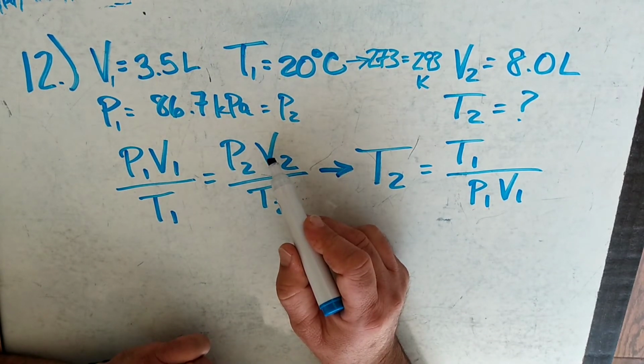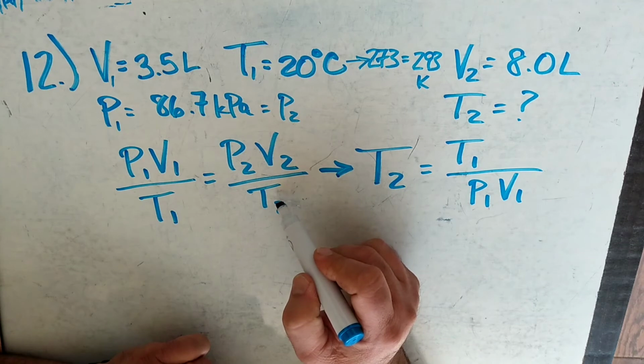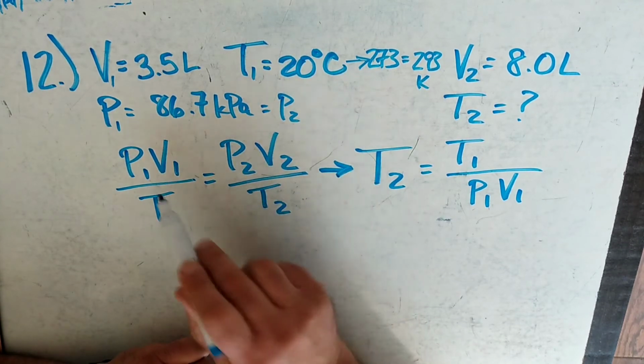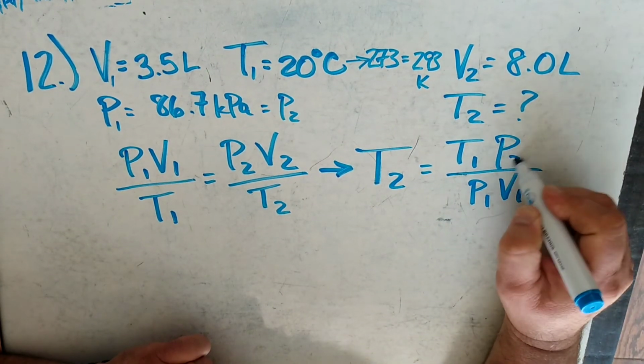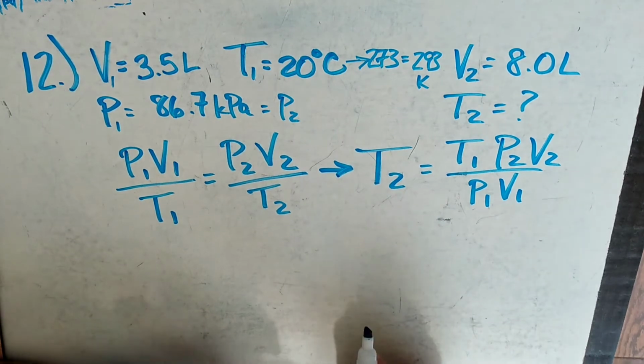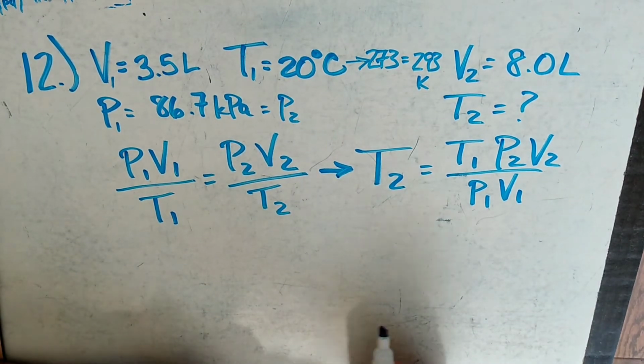So we have to multiply by both, so they're going to be up on top. So P2 V2. All right, now we just plug in our numbers.